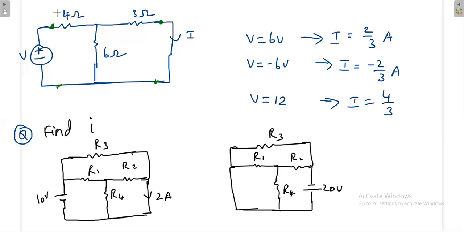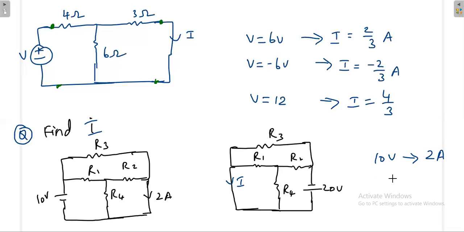That is very sure, because all are resistors only and it has to satisfy the reciprocity theorem. So I can put the source here itself. If the 10 volt source is here, then my I would have been 2 ampere.